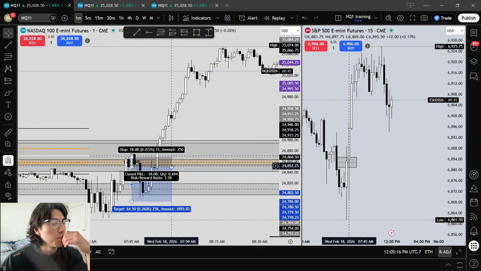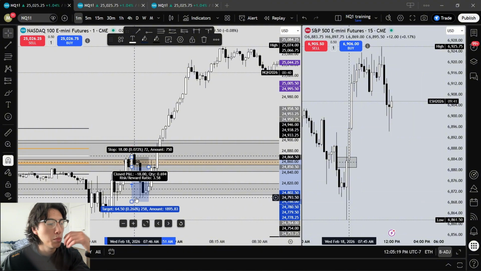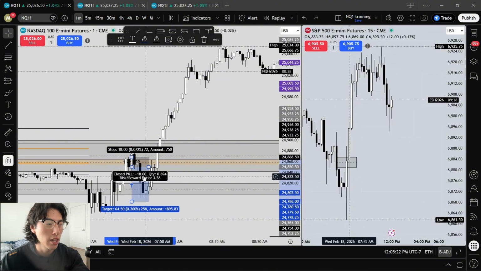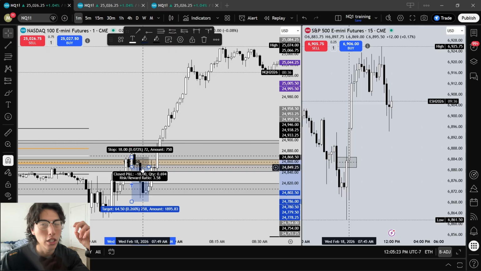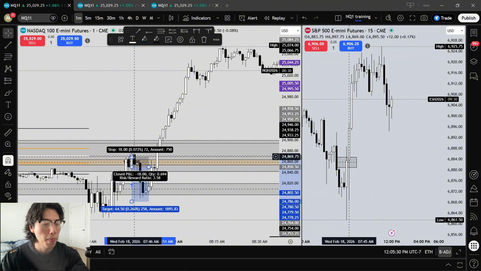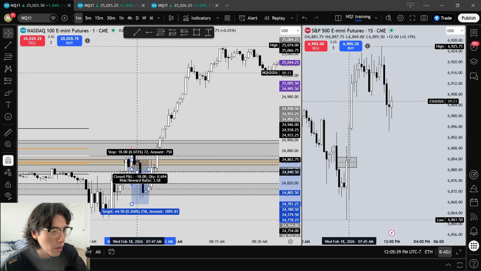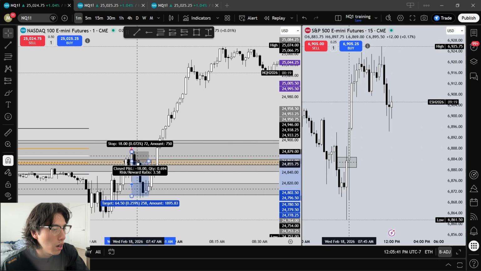And so what kind of went wrong with this was simply the timing of my entry, because this technically would have been a good trade if I had just waited a minute, or I waited for a better entry. Let's say I literally waited 1 minute, or I just waited for a better open, high, low, close candle.